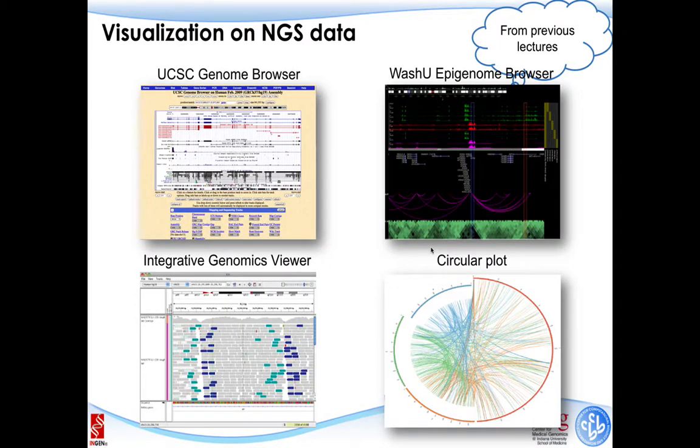Two weeks ago, Guanglong gave a guest lecture on this. Basically, it was about a few different types of visualizations of next generation sequencing data. These include the UCSC Genome Browser, the WashU Epigenome Browser, the Integrative Genomics Viewer, and also circular plots.